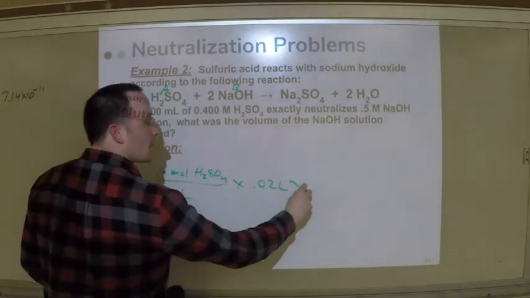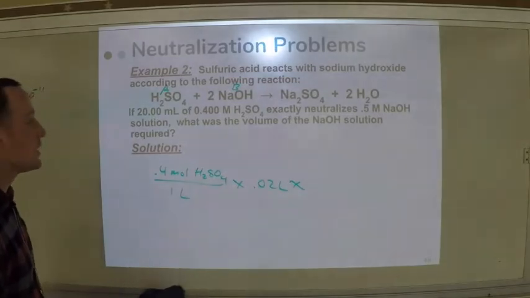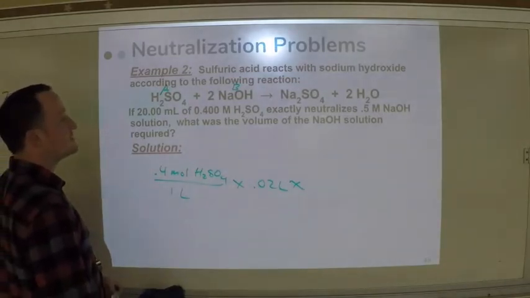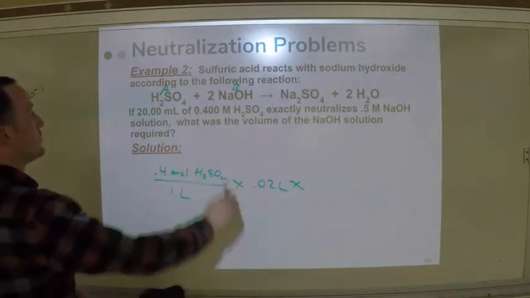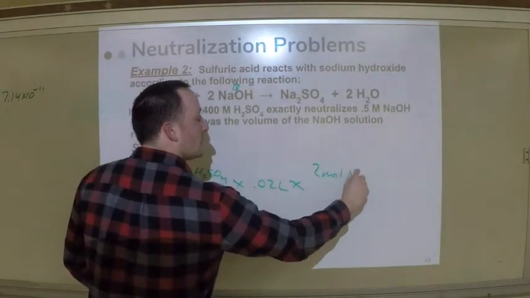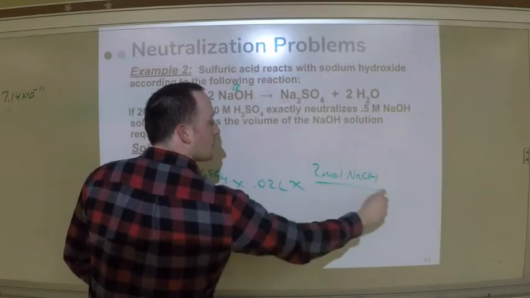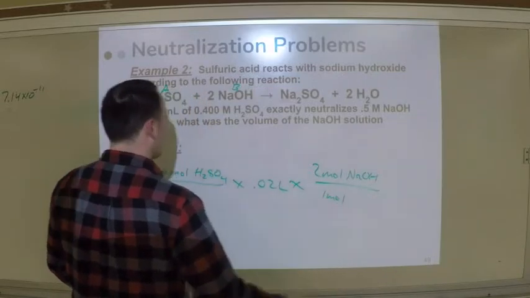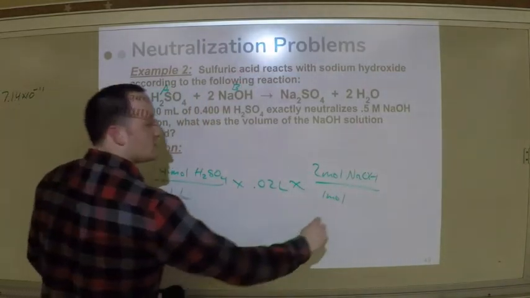Then I'm going to multiply by my B over A. My B over A is 2 over 1 this time. So I have 2 moles of NaOH for every 1 mole of H2SO4.